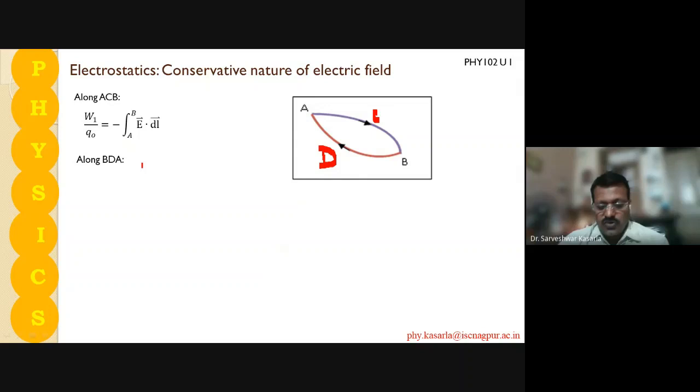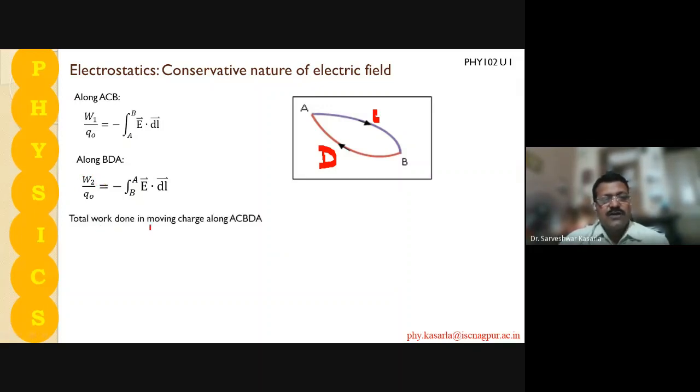So along BDA the expression will be like this. Here integration is from A to B, and here integration is from B to A. But here the work done may be different, therefore we have denoted that by omega 2 or say W2. So let us see what happens.